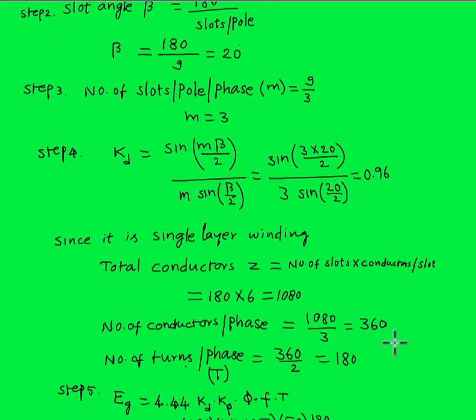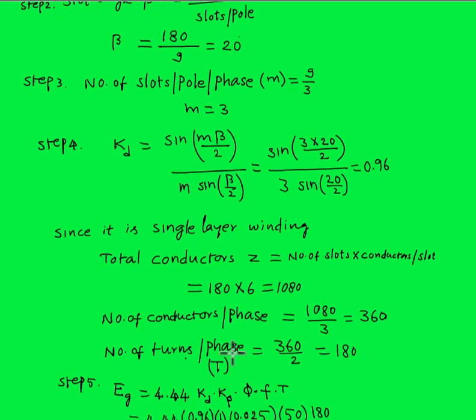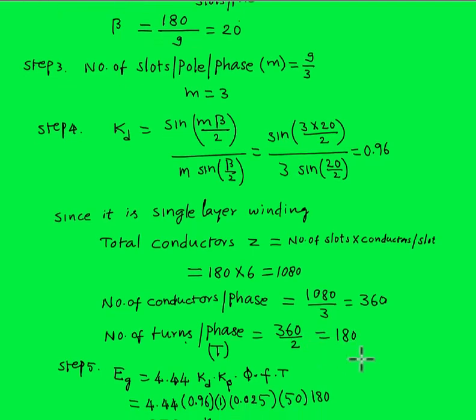But for getting the induced or generated EMF, only turns per phase are used. Since two conductors form a turn, the number of turns per phase is equal to the number of conductors per phase divided by 2, that is 180.